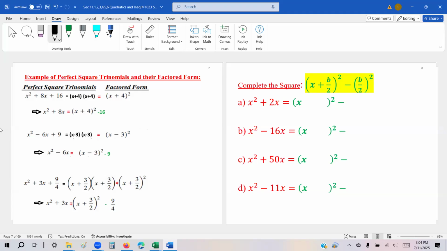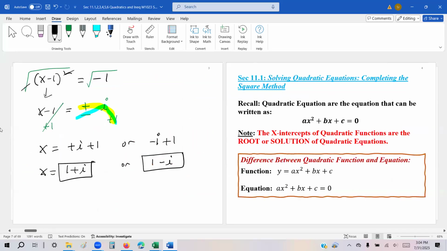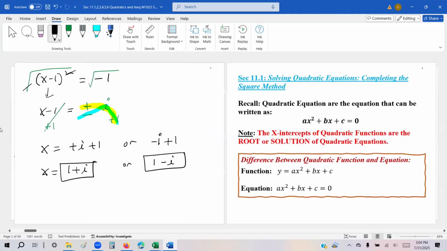And why do you like that? Because when you have a perfect square, like we already did in the last example, all you have to do is take the square root and then solve from there. Anytime you have some type of quadratic, the goal is to get something perfect from that quadratic.